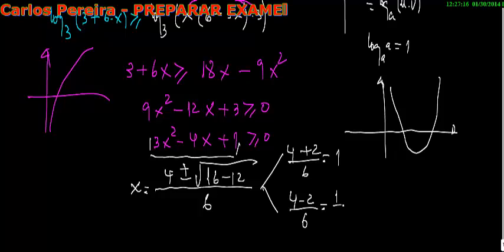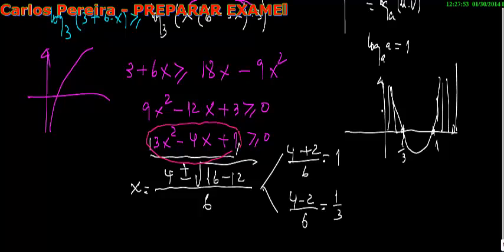It is 1 over 3, okay? This means that I have here 1 over 3, and here I will have 1. And what I want is that this over here must be positive or equals to 0. Equals to 0 is at 1 and at 1 over 3. Greater than 0, you see, it is above the x-axis.